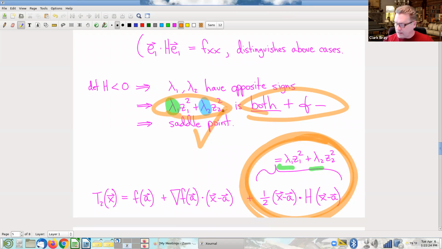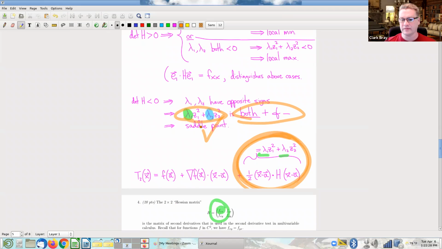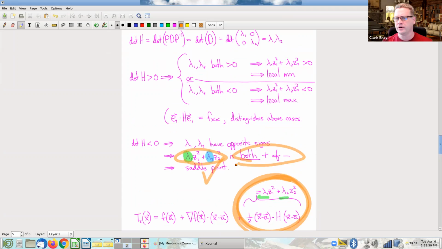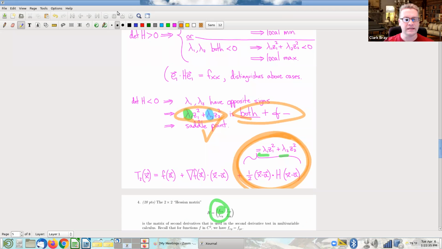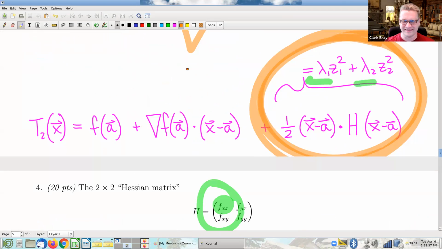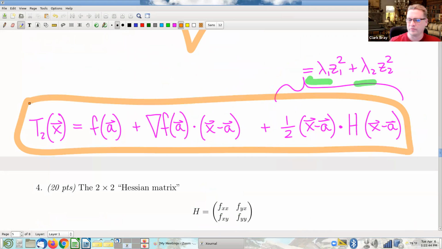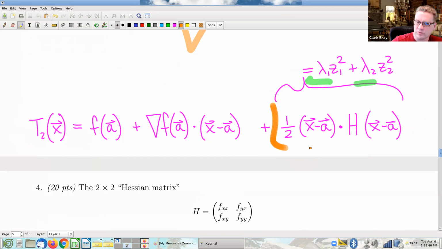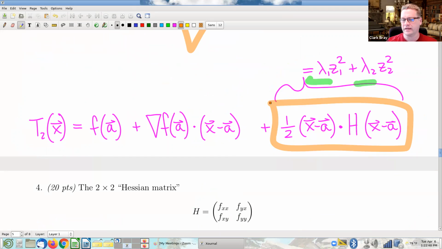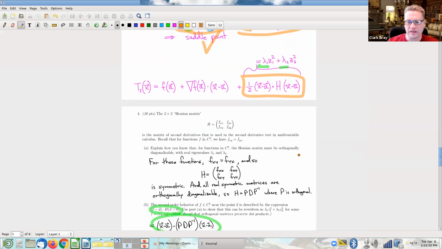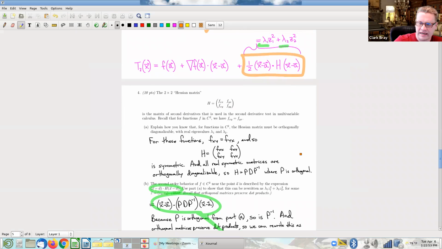So anyway, that's where all of this comes from, and I think it's wonderful how this is all a consequence of a little bit of linear algebra. Those of you who took my Math 212 heard at least this part about the second derivative test, specifically about the second order Taylor polynomial. But how we use linear algebra to break this down is what we've learned here: orthogonal diagonalizability is the needed trick.